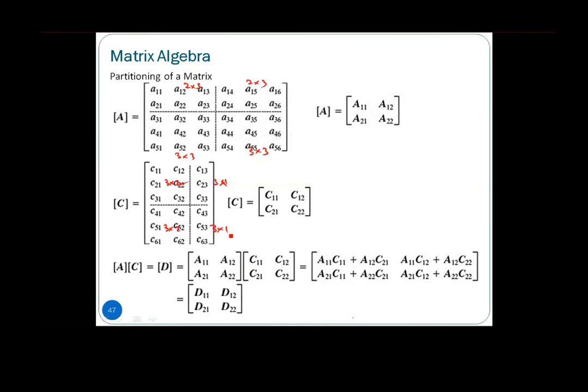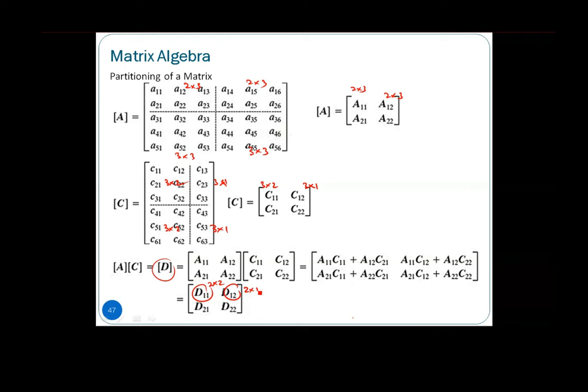So in the case of A multiplied with C, you are looking into your A11, which is 2 times 3, times C11, which is 3 times 2, and you end up with a 2 times 2 matrix. Then your A12 is 2 times 3 and C12 is 3 times 1, so D12 is a 2 times 1 matrix.